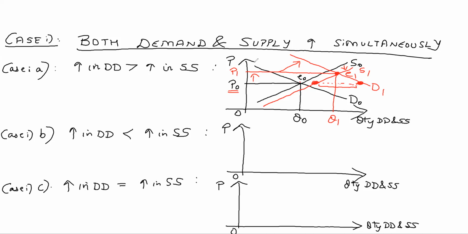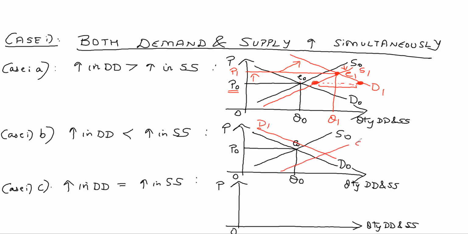Similarly, I can draw the next diagram. Initial demand, initial supply, initial equilibrium, P0, Q0. Now demand is going up, supply is going up, but supply is going up by a higher magnitude. So you can see increase in supply is more than increase in demand.